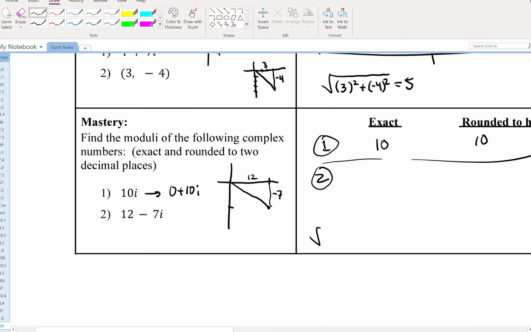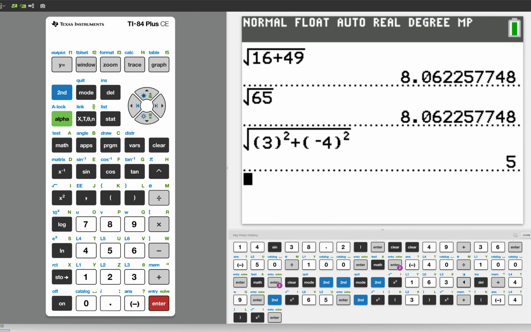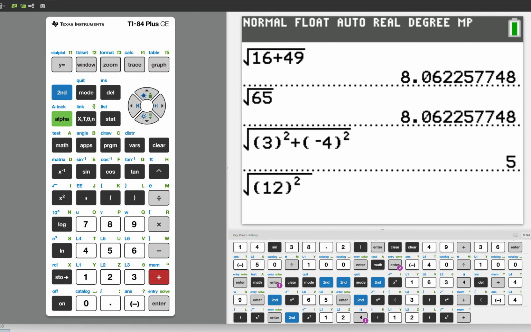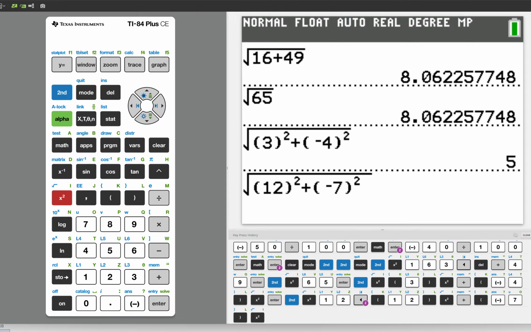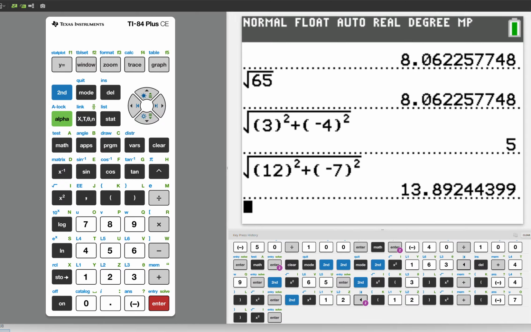And if I take the square root of 12 squared, and I add it to negative 7 squared, and I put that in my calculator, 12, and we'll go back and put it in parentheses, 12 squared plus negative 7 squared, and that comes out to approximately 13.89.